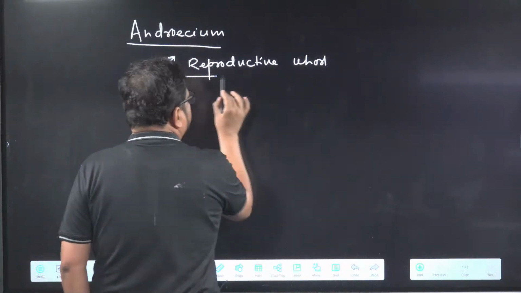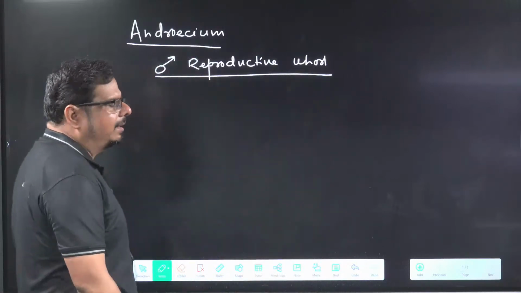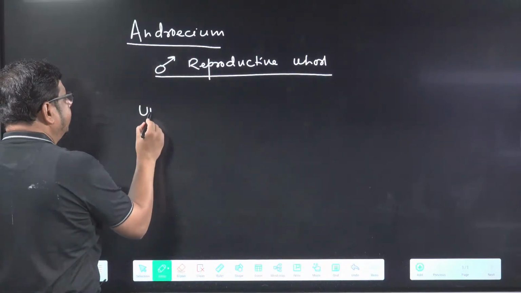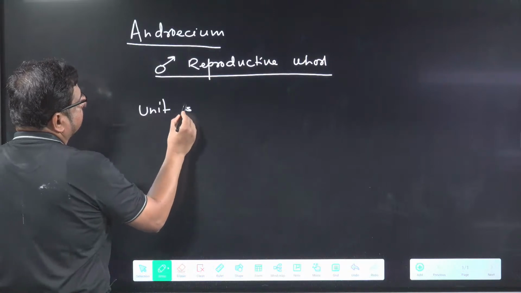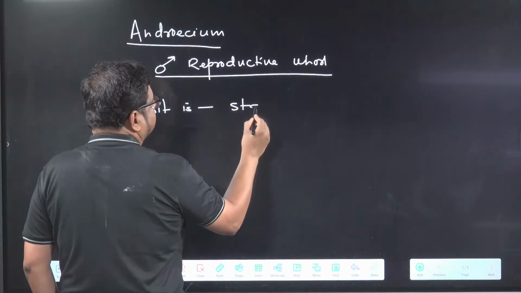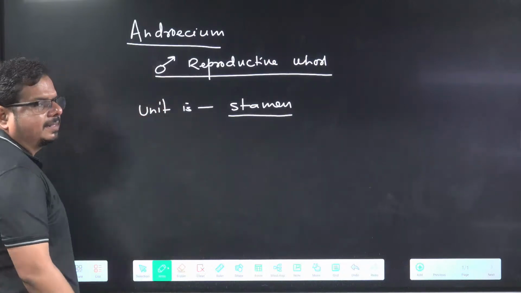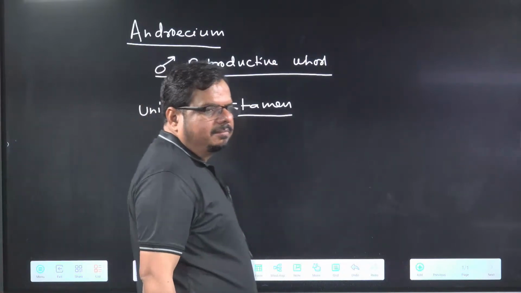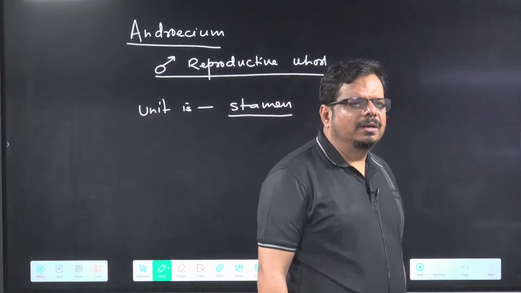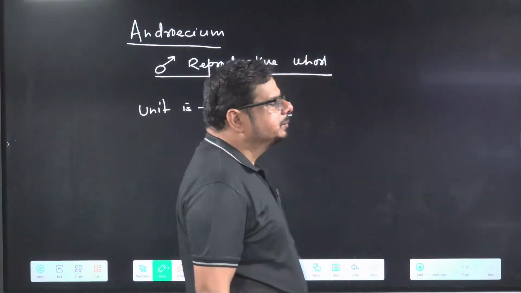Male reproductive whorl is what? Basically androecium. Unit is stamen. Unit of androecium is stamen. Androecium is made up of either one or more than one stamen.